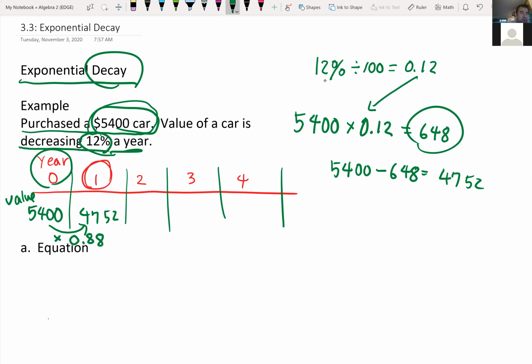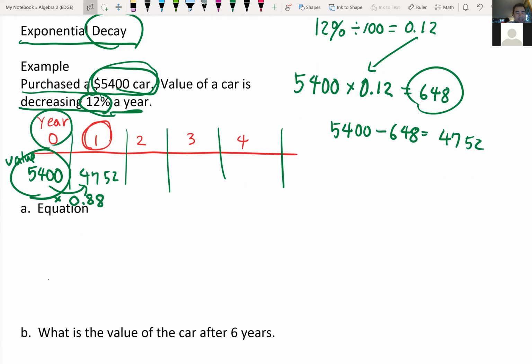So we already know that initial value, that's 5,400. But what is the rate? The first step is you're going to subtract the rate of decrease from 100%. Since it is decreasing 12%, we're just going to subtract 100% minus 12%. That's 88%, and that will be the rate.